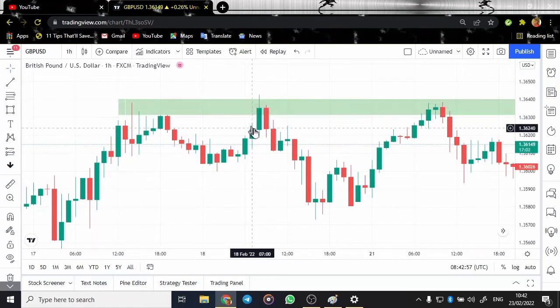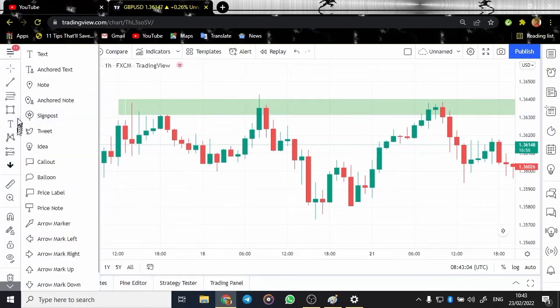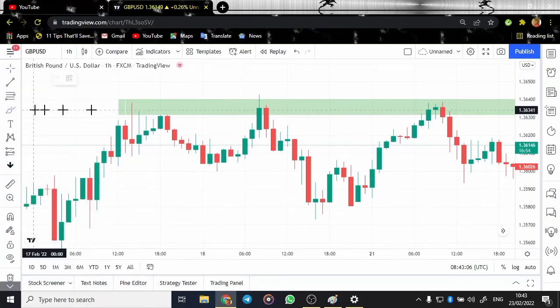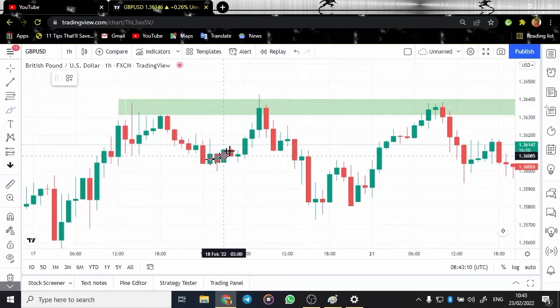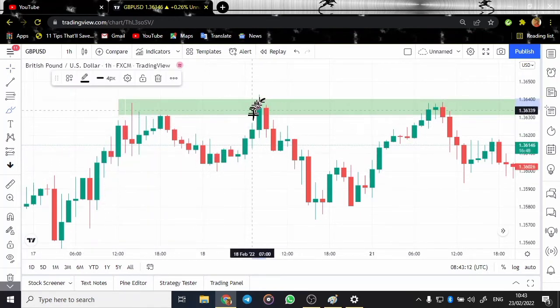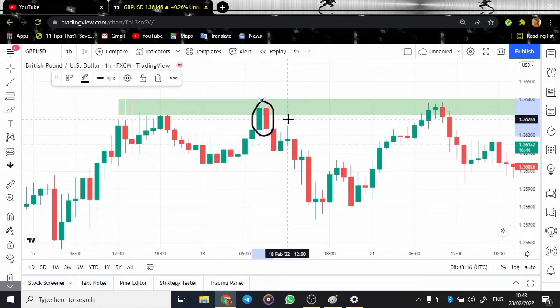So here we have these two candlesticks which look like tweezer tops. When the market came back to this level, we saw the tweezer top pattern happening, and the market started going down from that pattern.